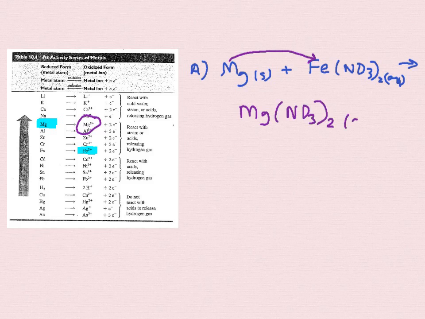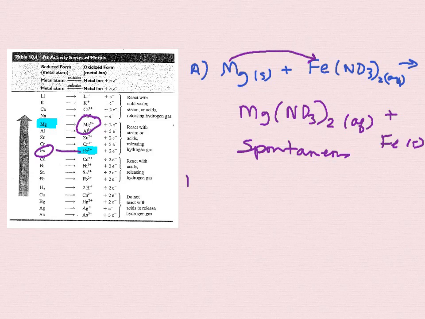All nitrates are soluble, so it's going to continue to be in a water environment, and the iron is going to come out as solid iron, which is what happens when the equation is written in reverse. That reaction is spontaneous. The question was, will it proceed? And the answer is yes. The reaction will definitely proceed.